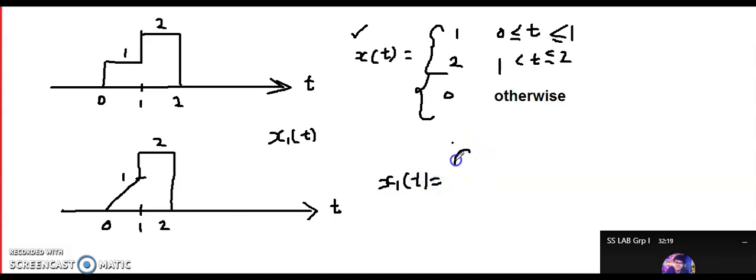So in this case x1t will be equal to, now from 0 to 1 it is varying like a straight line.